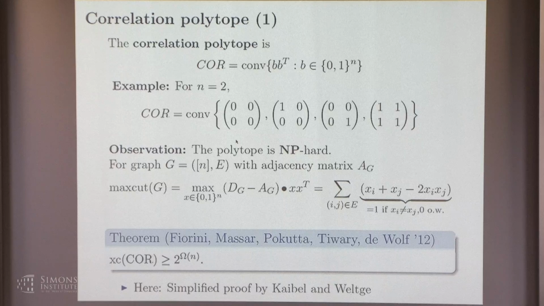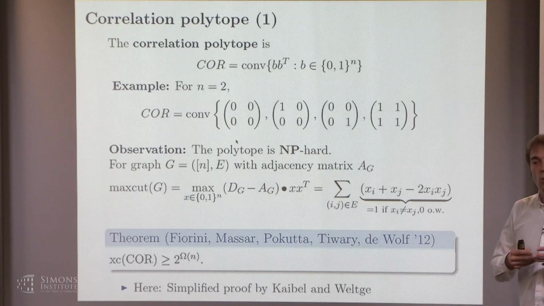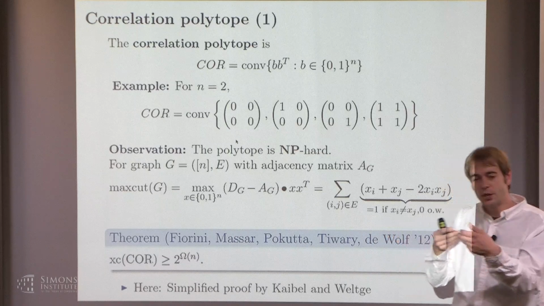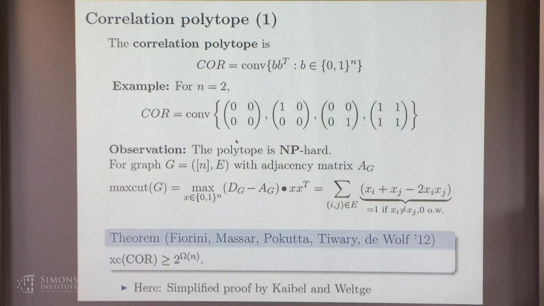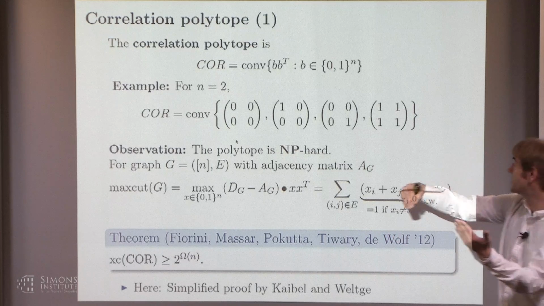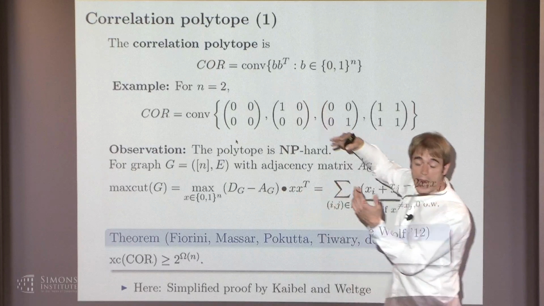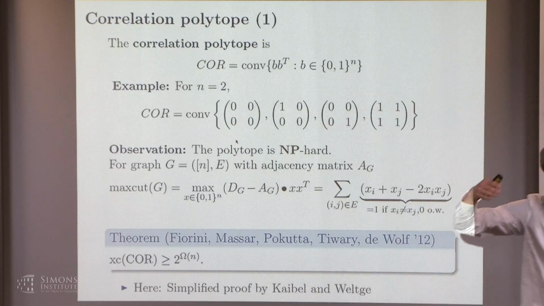OK. There's a principal problem if you want to show a lower bound of this type for an NP-hard problem. Because showing a lower bound means you're staring at the slack matrix, which is defined by the vertices, like these guys, and by the inequalities.